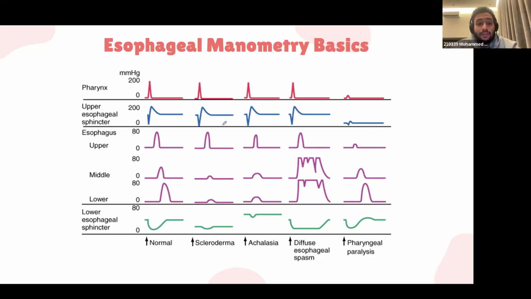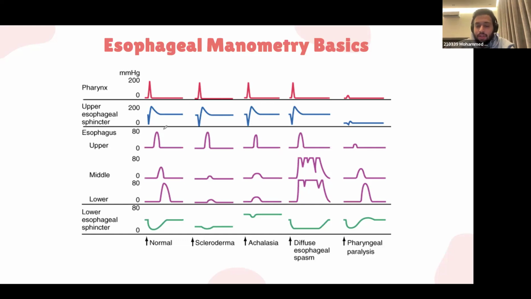So starting off with the pharynx, obviously when you first swallow, you want everything to contract to push the food down. So you're going to have elevation of the pharyngeal pressure. The upper esophageal sphincter will transiently, very fast, relax to move the bolus of food, and then it contracts right after. So that's happening next. Then it moves downwards. Next you'll have the same thing.